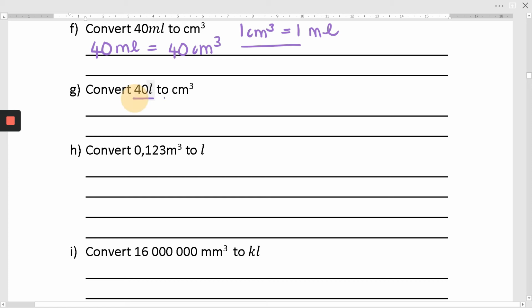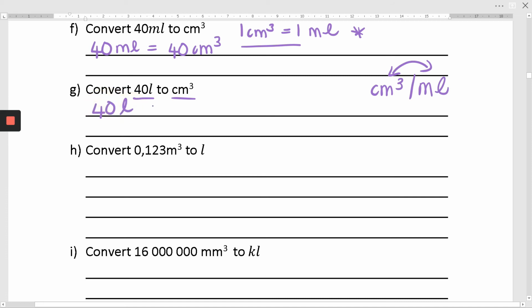Now I want to convert liters to cubic centimeters. So I need to do more than one conversion, but luckily the conversions you'd have to do are mostly really familiar. It's just this little one that's new. Okay, so 40 liters, well, I want to get it into centimeters cubed, or I want to get it into milliliters, and then I can just cross between them really easily. So 40 liters is not exactly what I want.